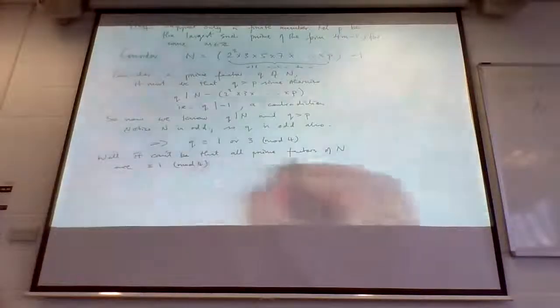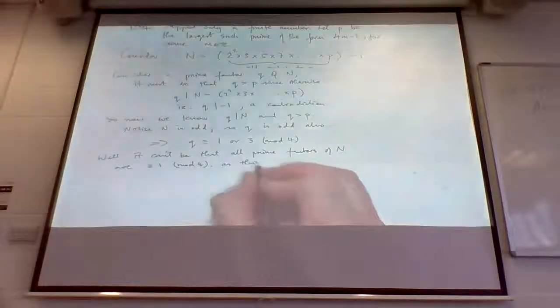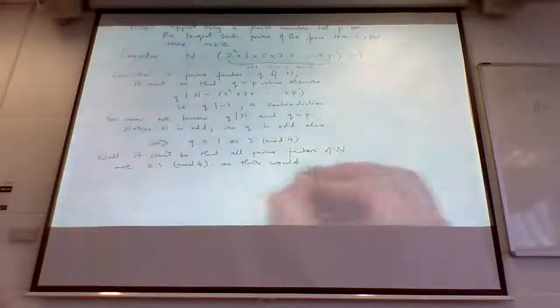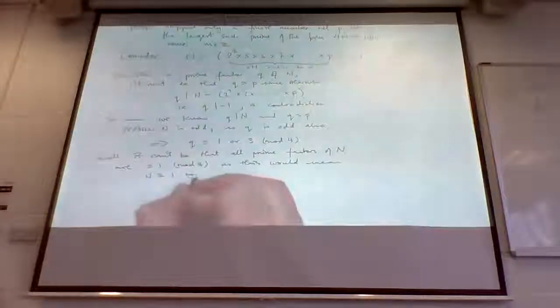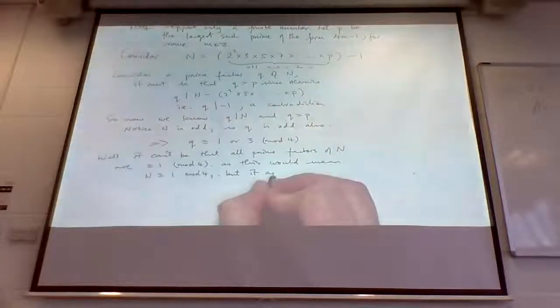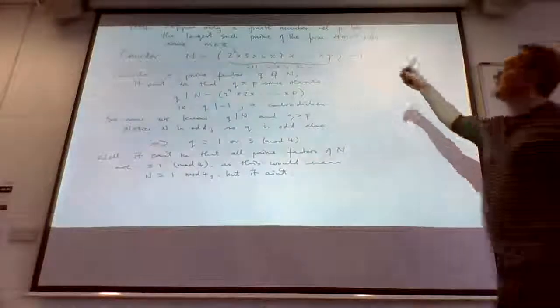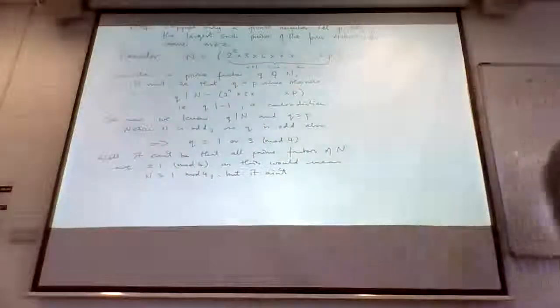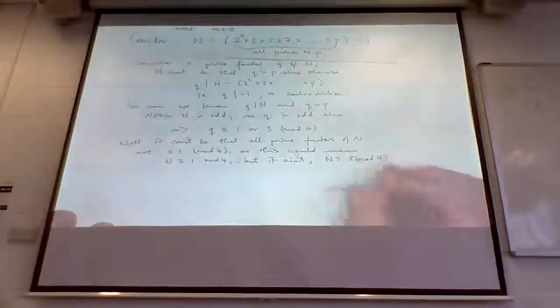So it can't be that all the prime factors are congruent to 1 mod 4, as this would mean n was congruent to 1 mod 4. But it ain't. It's congruent to 3 mod 4, or minus 1. We know n is congruent to 3 mod 4.